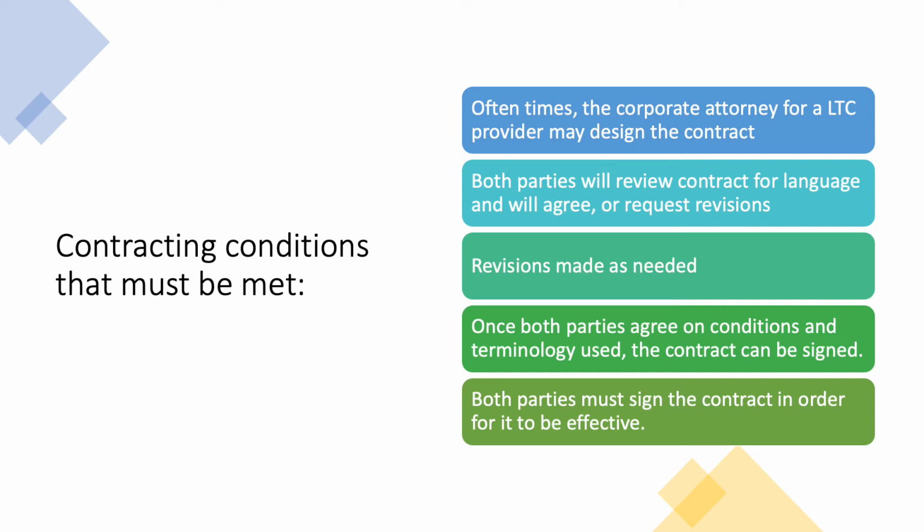Sometimes companies have to go back and forth with the contracts before it is approved and agreed upon by both parties. Revisions may be needed, and sometimes that can be a very lengthy process. But once both parties have signed off on the contract and it is dated, then the contract is effective.